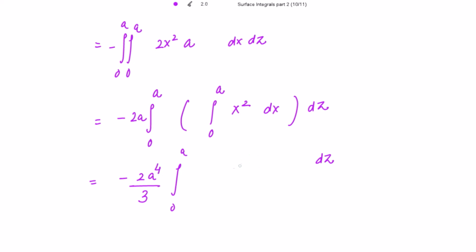So this is a to the power 4, and we need to integrate 1 with respect to z. So that is equal to minus 2a to the power 4 divided by 3. Integrating 1 with respect to z gives z from 0 to a. Putting the upper limit, we get a minus the lower limit, that is 0. So this is minus 2a to the power 5 divided by 3. Marking this as 6.